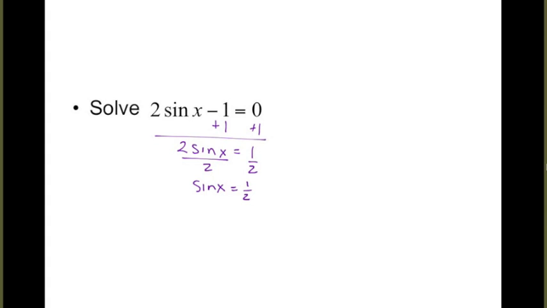Our second step says that we want to use SOHCAHTOA to find our type of angle. So what is SOHCAHTOA for sine? Opposite over hypotenuse. So if I need a hypotenuse of 2, what kind of triangle am I working with? 30, 60, 90 for a hypotenuse of 2.